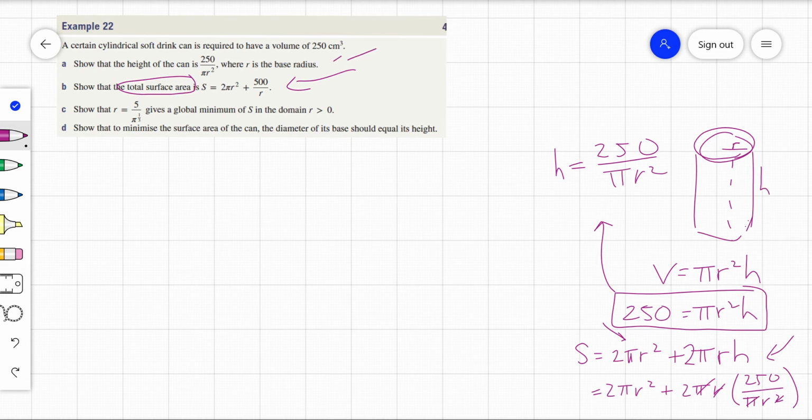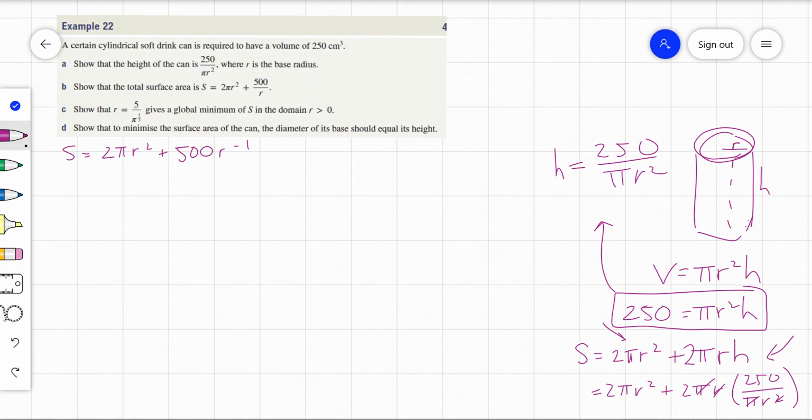So this is scaffolded, but really you should know to do that. You need to get rid of one of the variables so that we can now minimize it. All right, so now we've got this equation, and for calculus we would make sure it's in index notation. So we've got 500 r to the minus 1, just makes it easier.